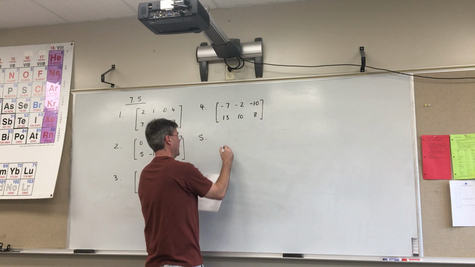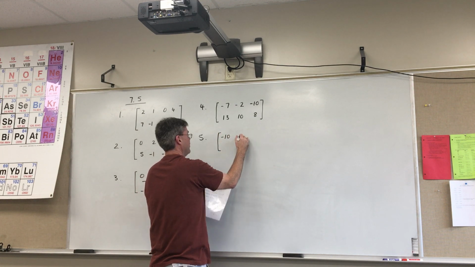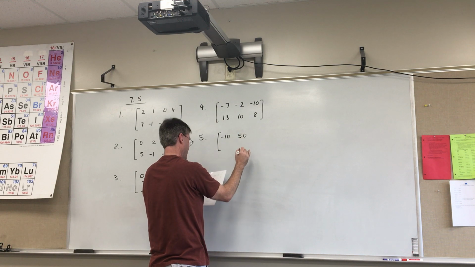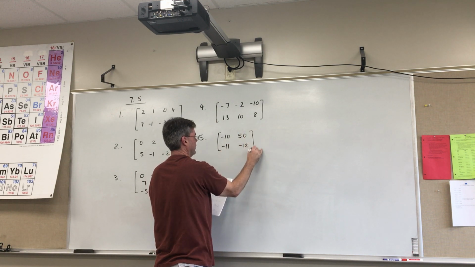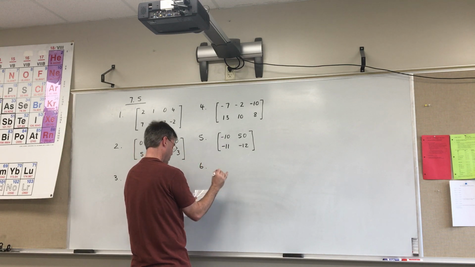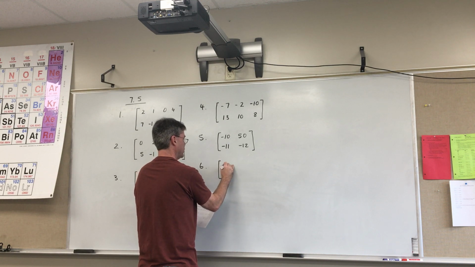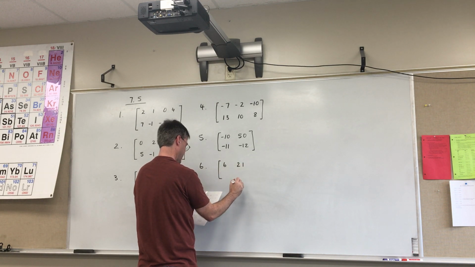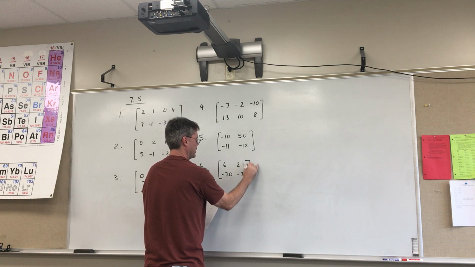Number 5, -10, 50, -11, -12. Number 6, we'd have 6, 21, -30, -36.